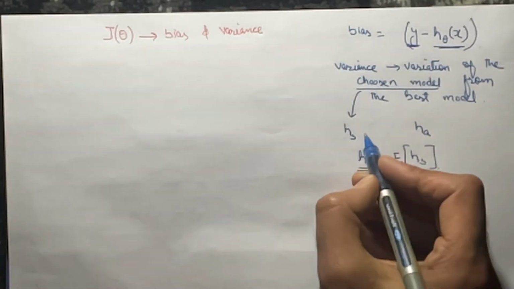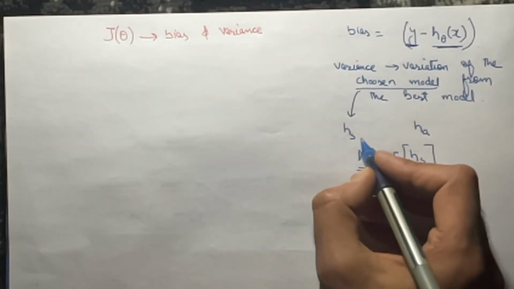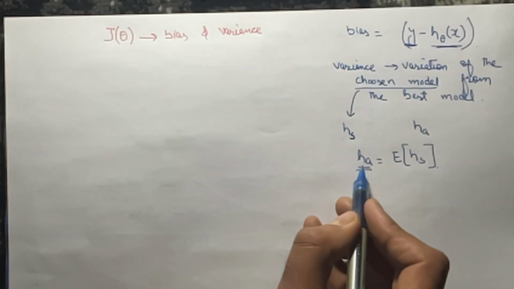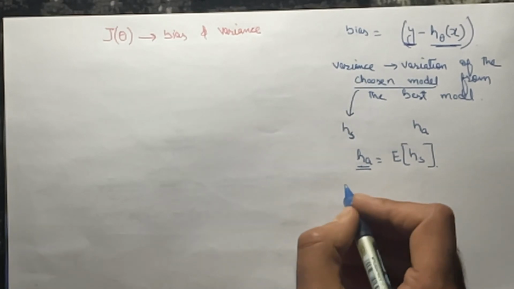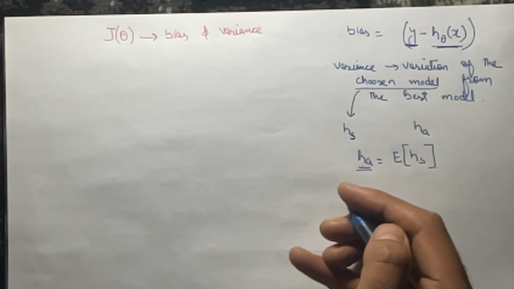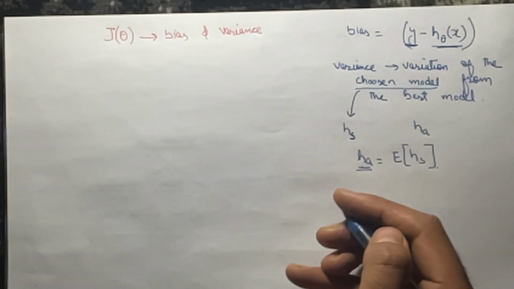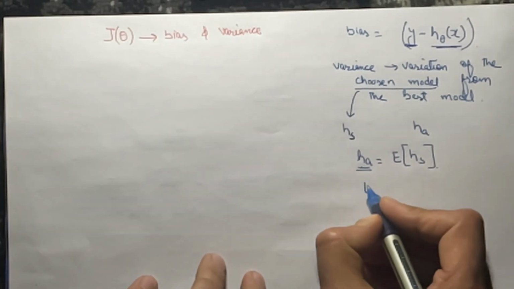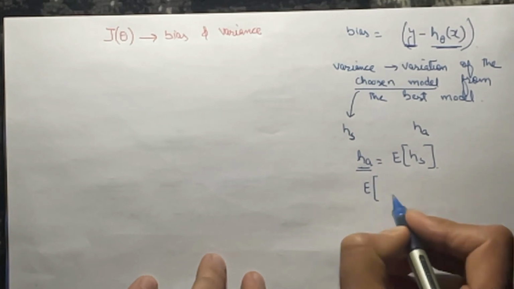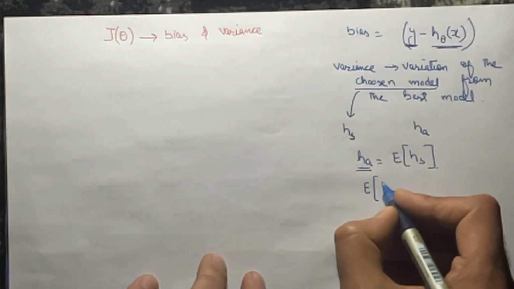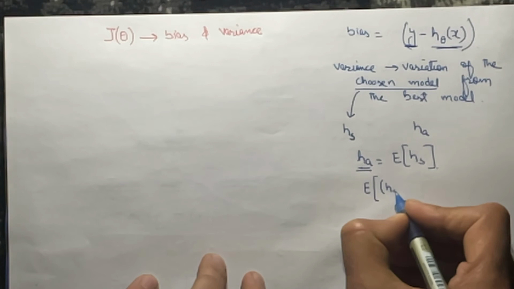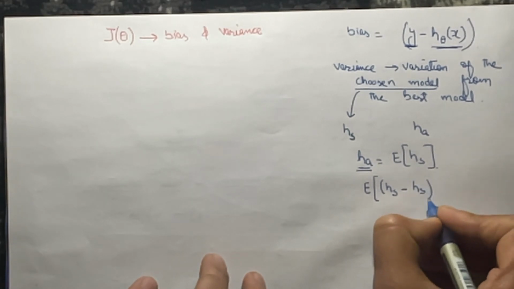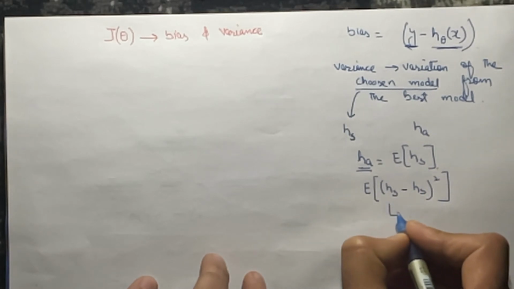If I have chosen some model, I have to find its variation from the best model. That variation is h chosen model minus hs whole square. This is called the variation.